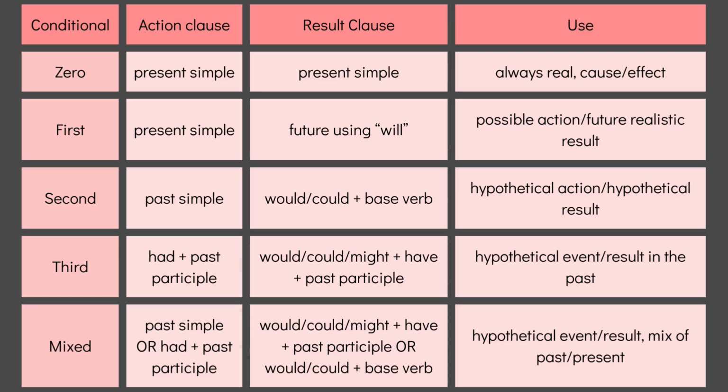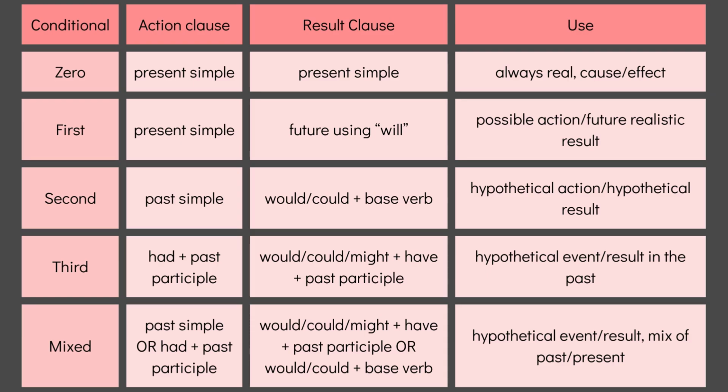We use the 0 conditional for things that are always true or to talk about cause and effect. For the first conditional, the action clause is in the present simple tense, and the result clause is in the future tense using will. We use the first conditional to talk about possible actions and their future realistic results.